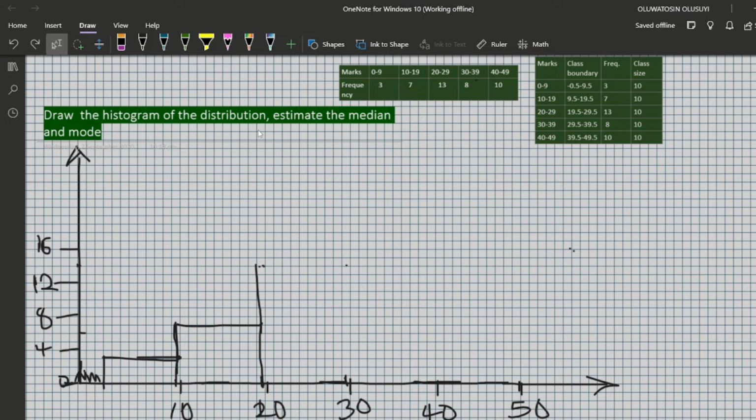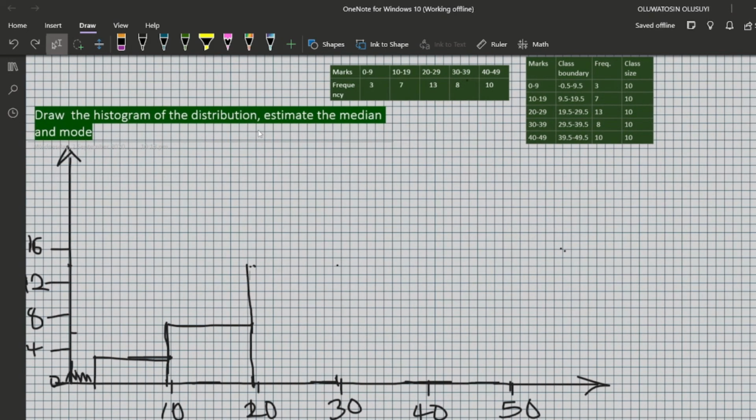So let's illustrate. So we have that already.